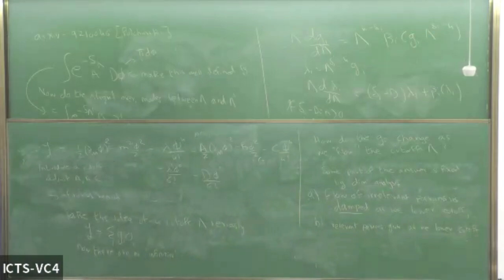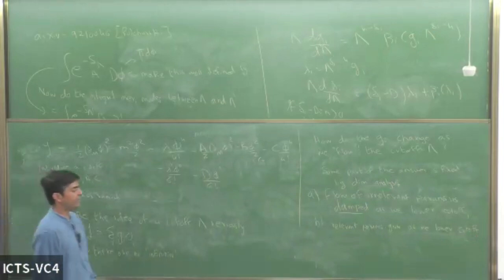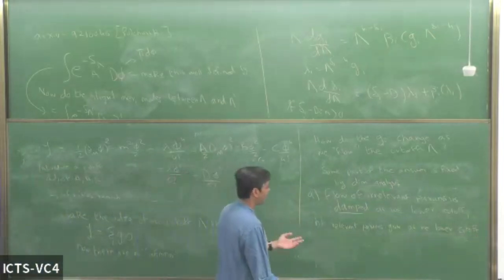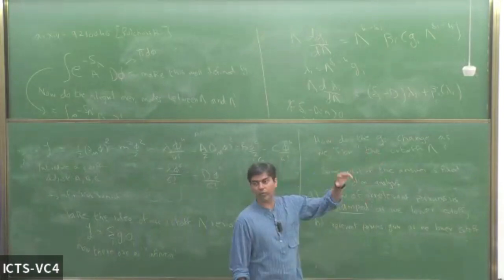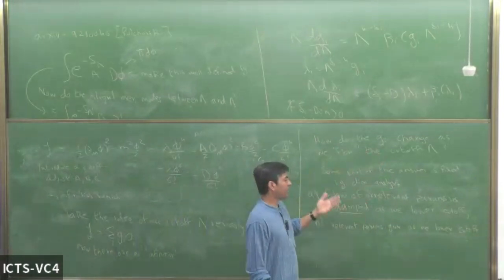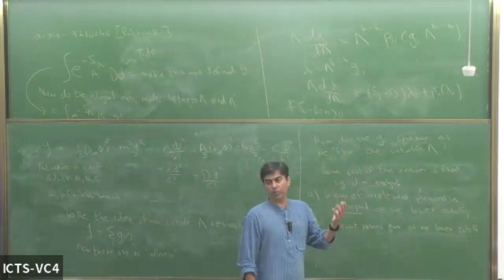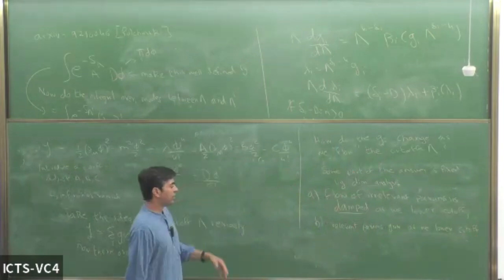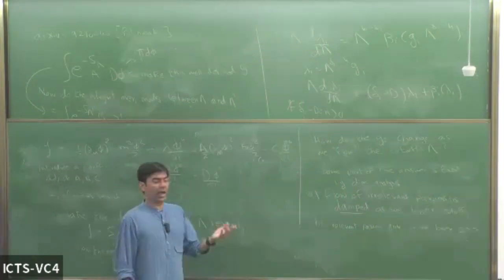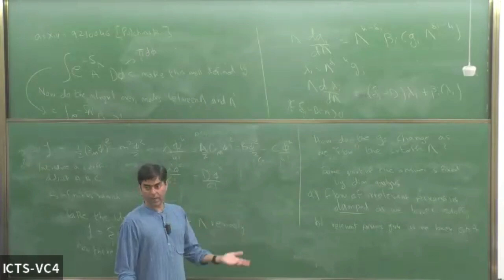Now what this tells you in particular is that if you have some parameters which are irrelevant at high energies, then as you flow the cutoff down, these parameters basically just get set to 0. They don't contribute much at lower energies. Therefore, what remains at low energies are only marginal and relevant parameters.